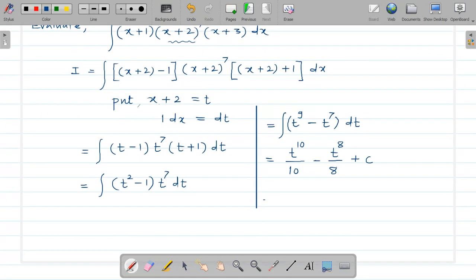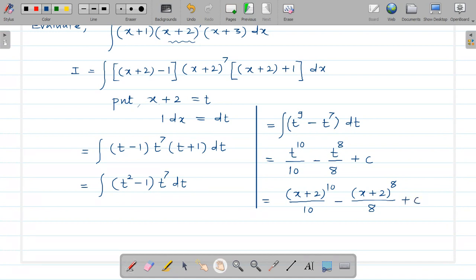Now resubstitute. So after resubstituting t as x plus 2, we get x plus 2 raised to 10 upon 10 minus x plus 2 raised to 8 upon 8 plus constant.